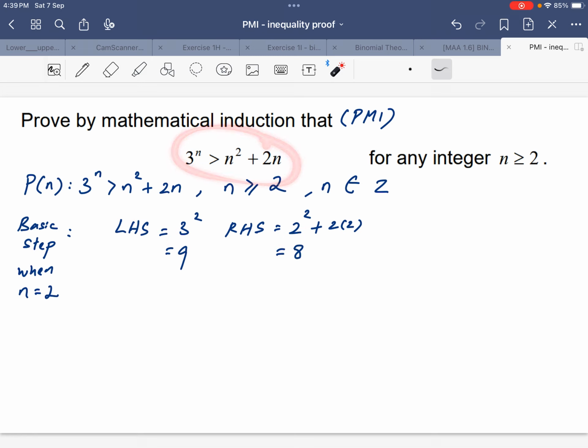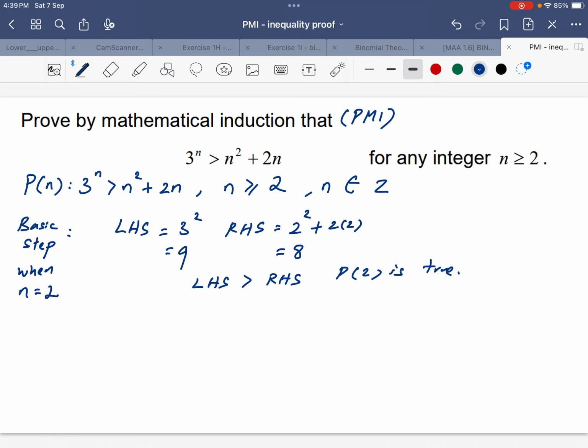This is correct when n equals to 2, right? So it's correct. So for the first term, this is correct. This is true. Okay? This is the first thing that you have to know.